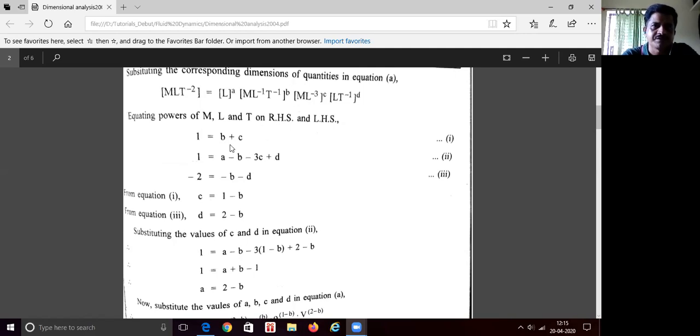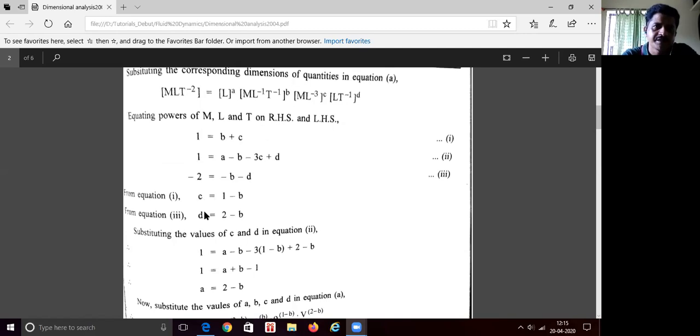From the first equation, C can be written as 1 minus B. From the third equation, we can write D is equal to 2 minus B. And we got the value of C here, D here.